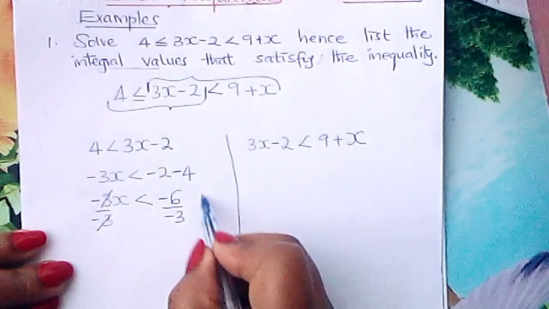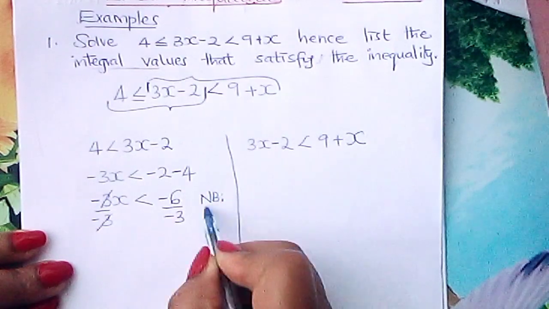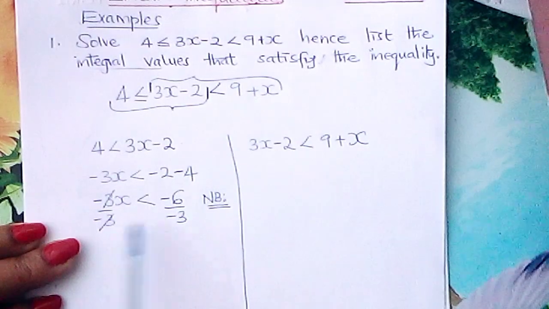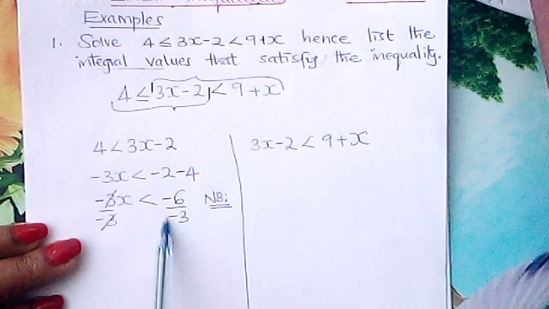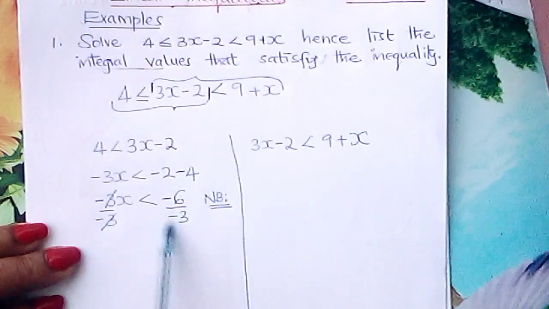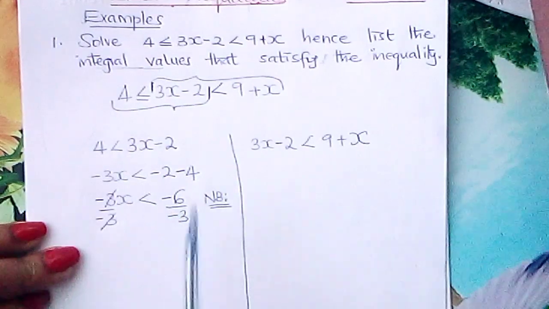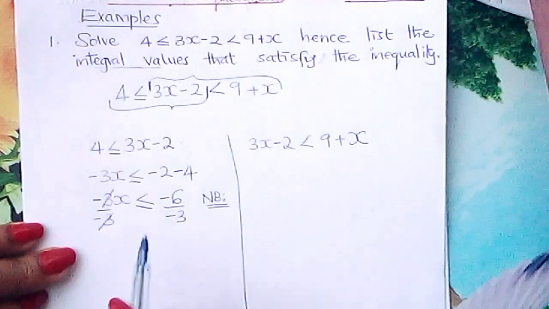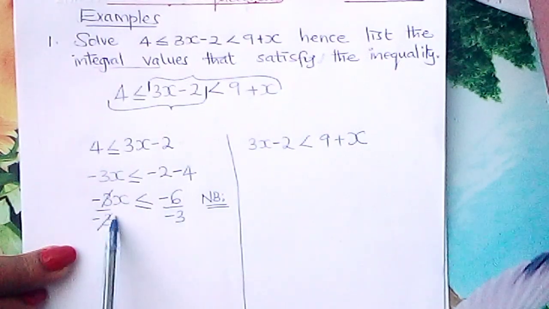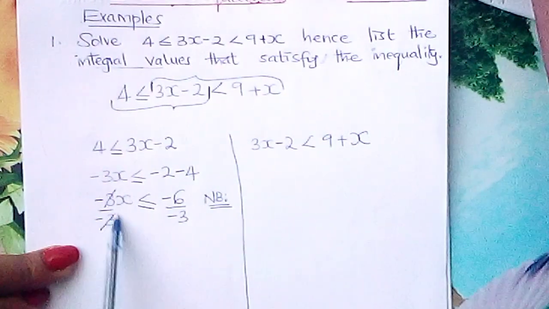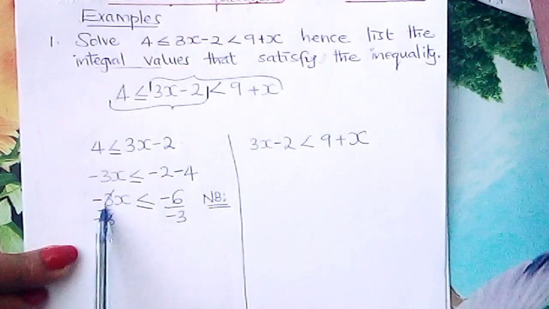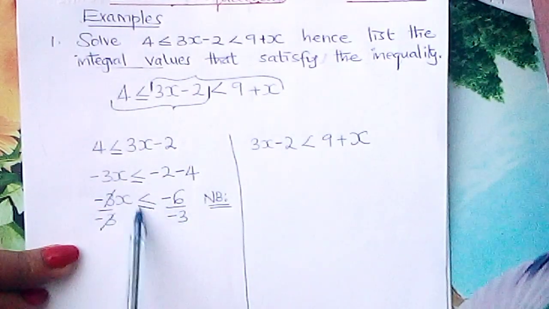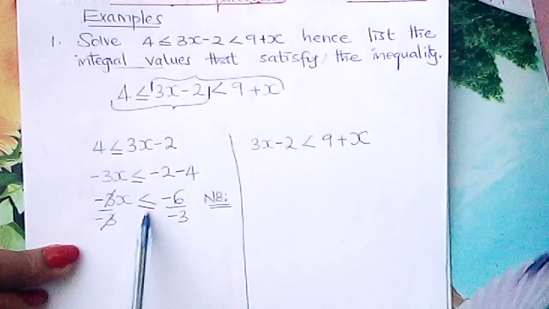Here there is something that you need to take very seriously. Whenever you divide an inequality by a negative number, like the way we've done here, dividing by negative 3 on both sides, the inequality sign changes.